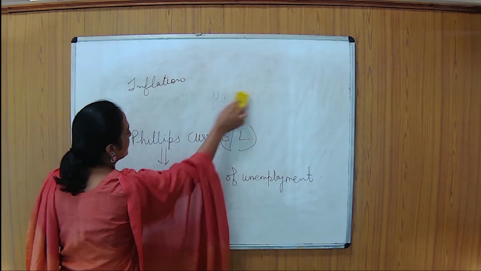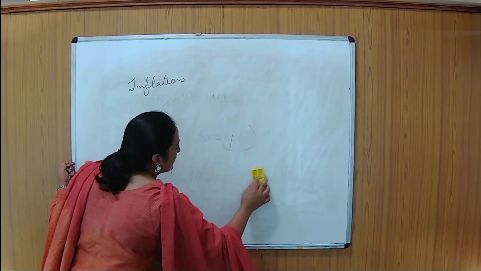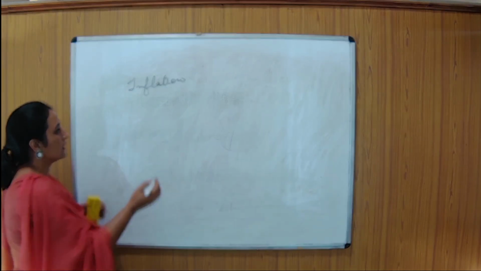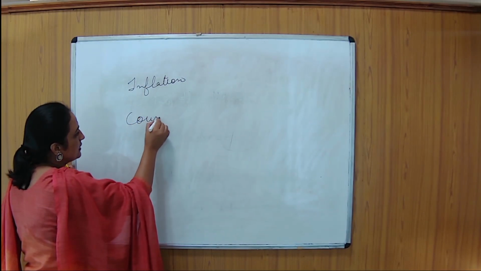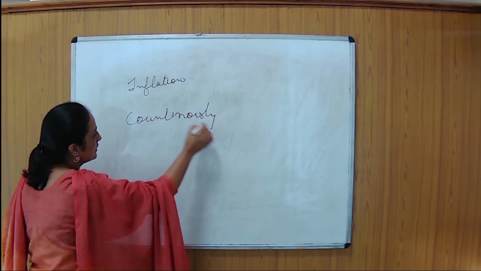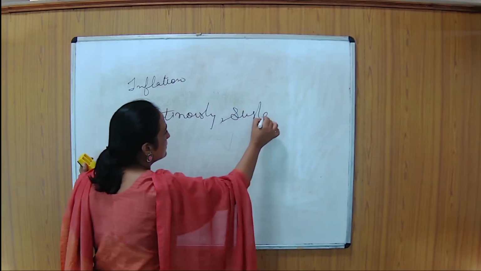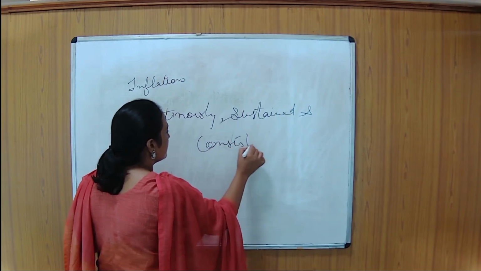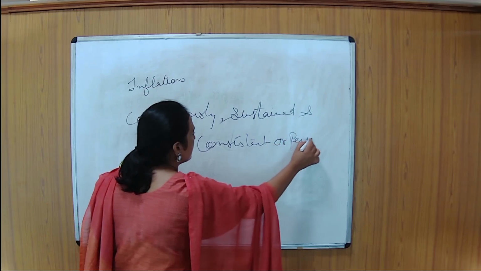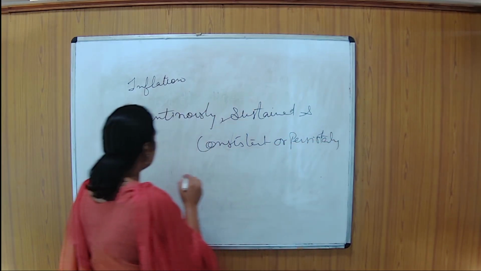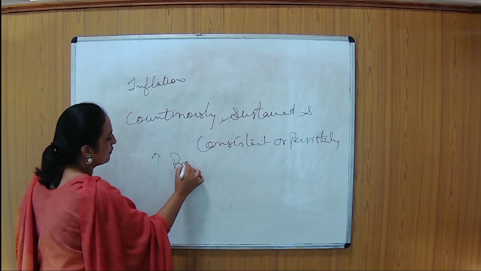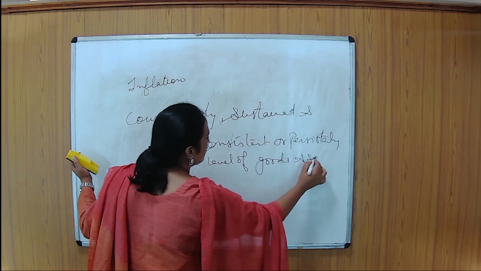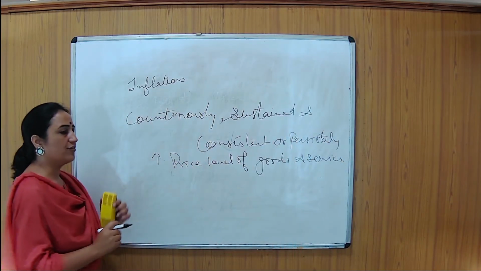What is inflation? As we know, inflation is something when the prices of the goods and services go on increasing. So we can say a continuous, sustained, consistent, or persistent increase in the price level of goods and services is called inflation.